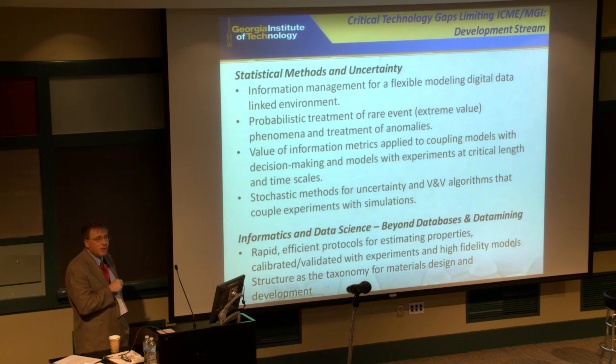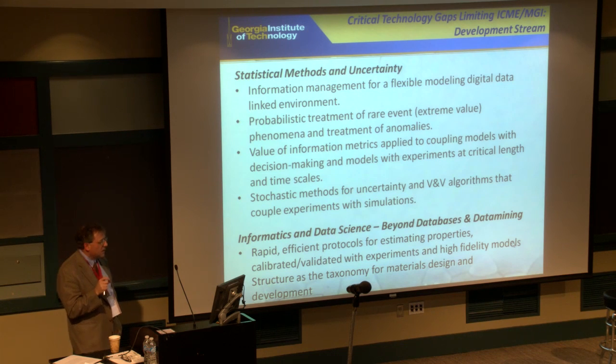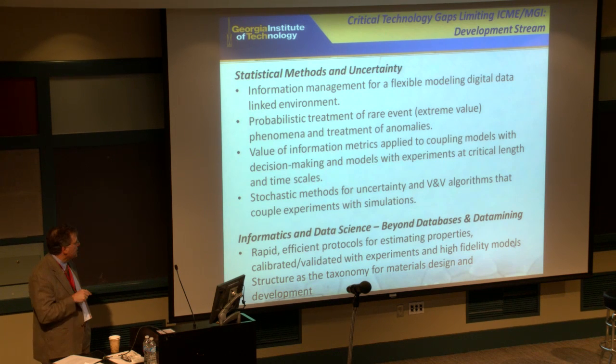We call that type 3 robust design. There are many ways to do this, but it has to be a core foundational element of these computational structure-property relations in view of the epistemic and aleatory uncertainty that's just extensive.